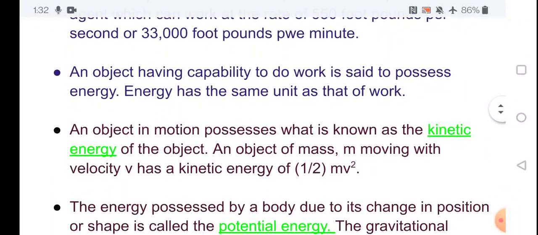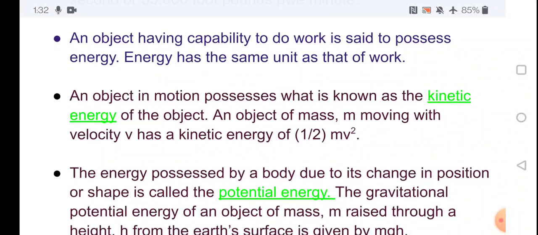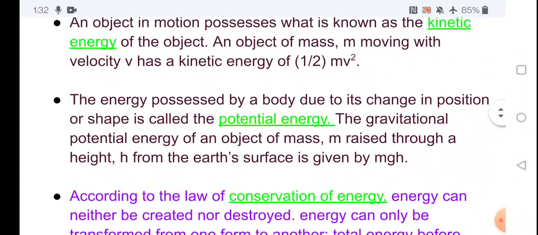There are two types of energy, I mean kinetic energy and potential energy. Kinetic energy means the energy possessed by movement of the particles is known as kinetic energy, and the energy possessed by the change in the position or shape is known as potential energy.